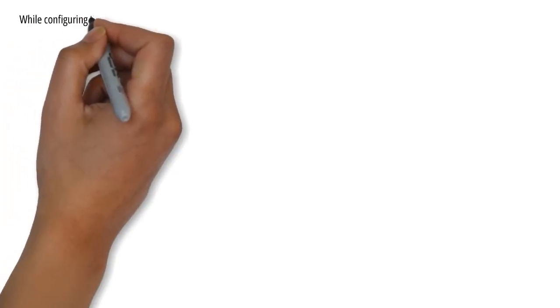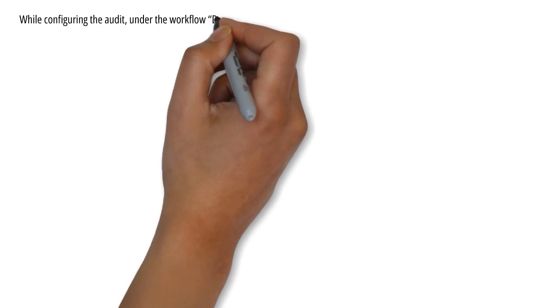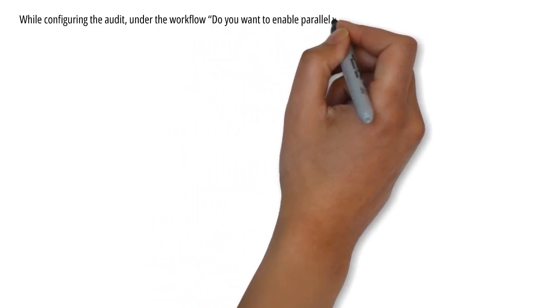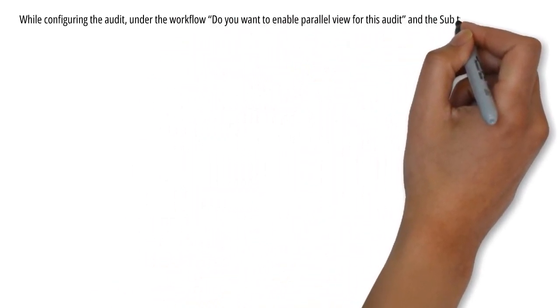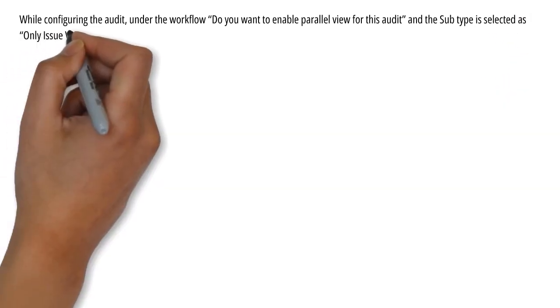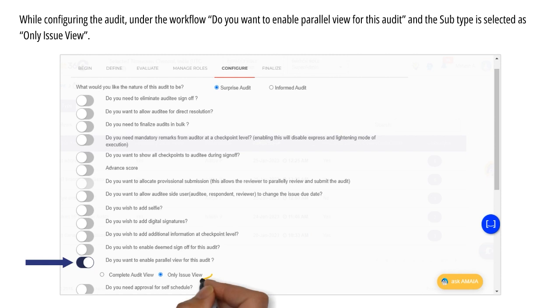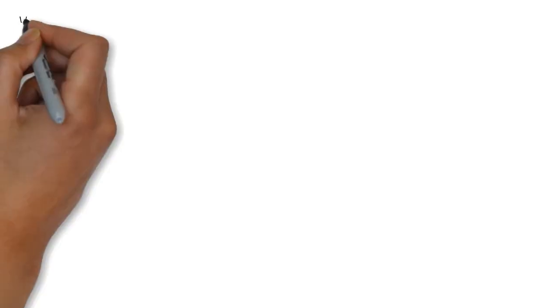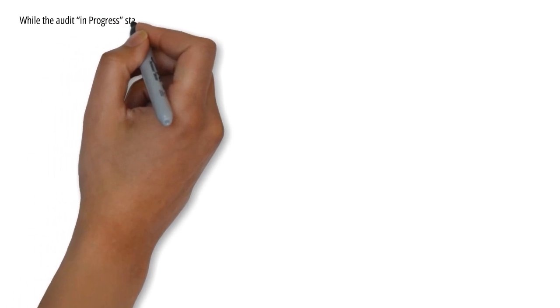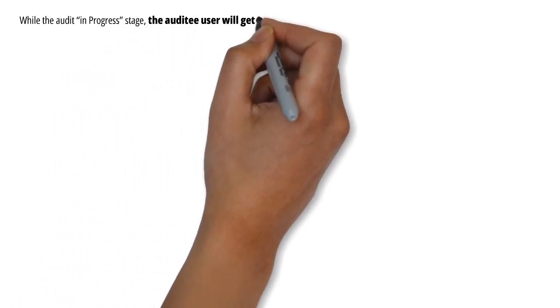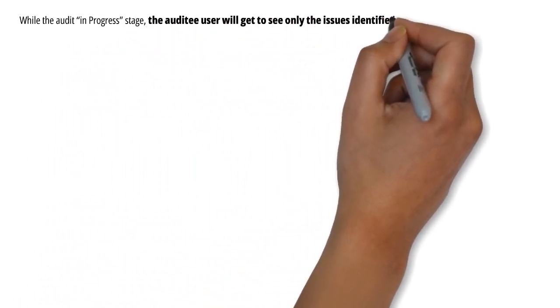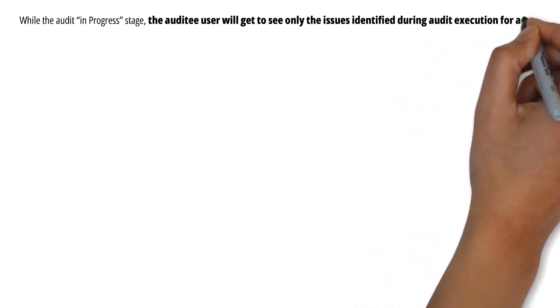While configuring the audit, under the workflow, "Do you want to enable parallel view for this audit" is enabled, and the subtype is selected as only issue view. While the audit is in progress stage, the Auditee user will get to see only the issues identified during audit execution for action.